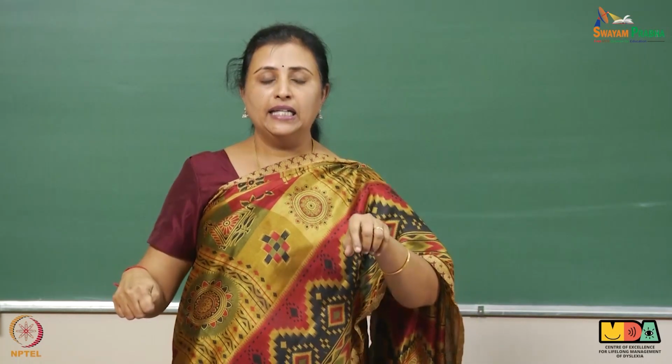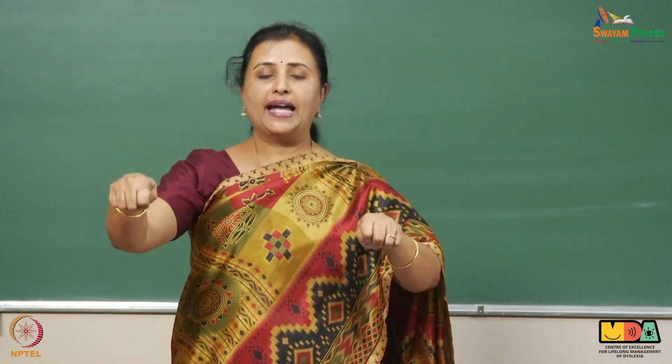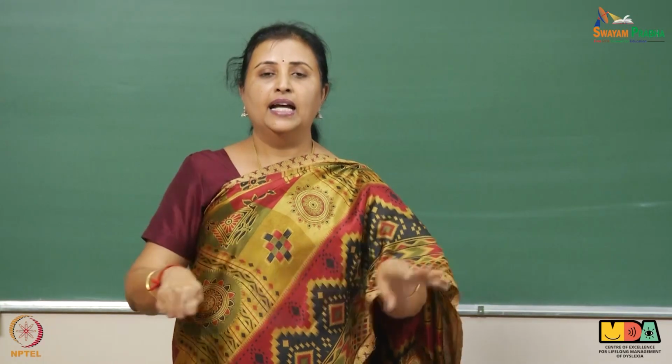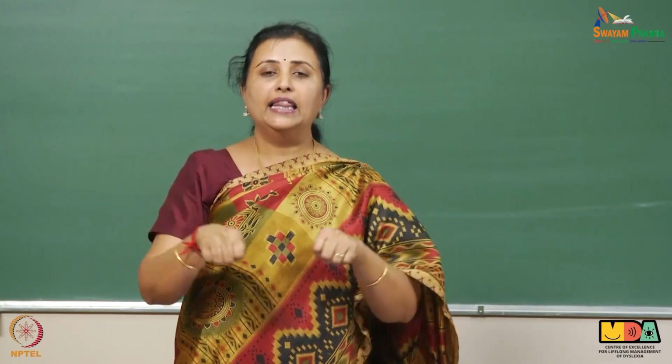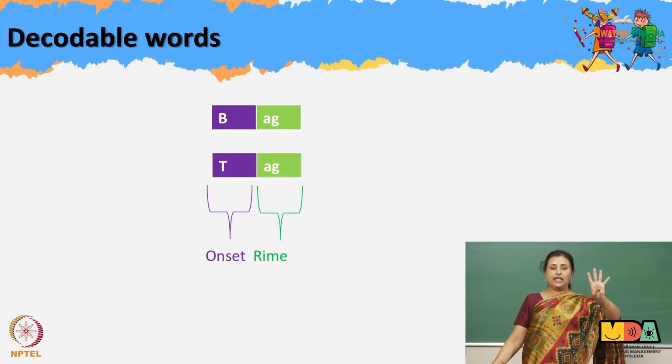If I take T, it becomes T, ag, tag. L, ag, lag. Now, in this case, T, ag, tag. T is my onset and ag is my rhyme. Onset, rhyme.